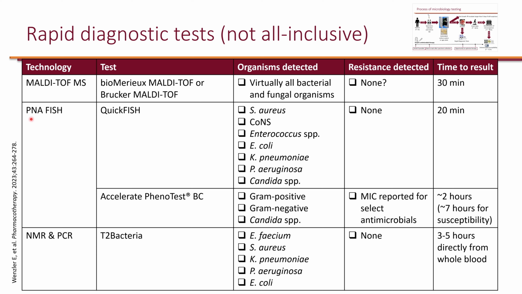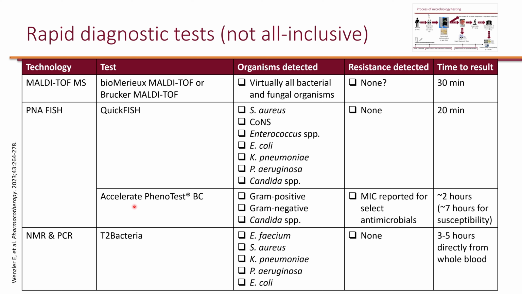Other technologies: PNA-FISH. We have QuickFISH that's actually pretty quick, 20 minutes. It can detect select organisms, but again, it cannot detect resistance. And more recently, we have the Accelerate Pheno test, which can detect a number of gram-positive and gram-negative organisms as well as Candida species.